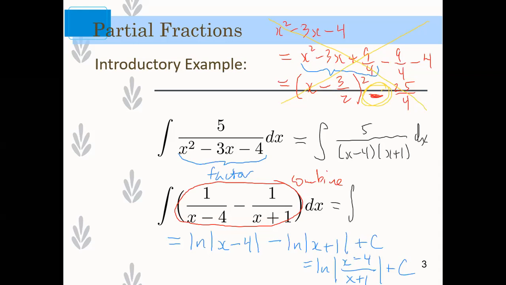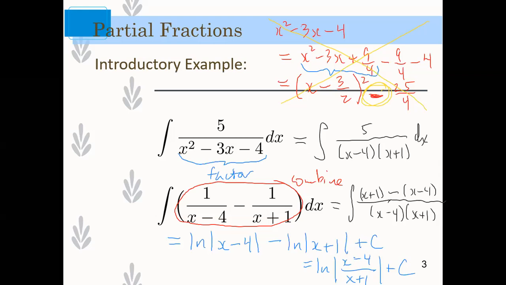And I would end up with the integral of x plus 1 minus the quantity x minus 4, all over x minus 4 times x plus 1. And what does this stuff turn into, amazingly?